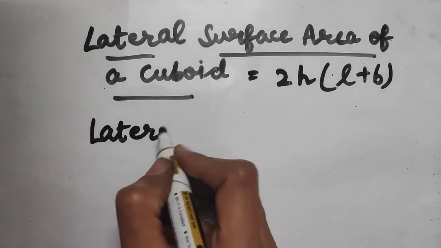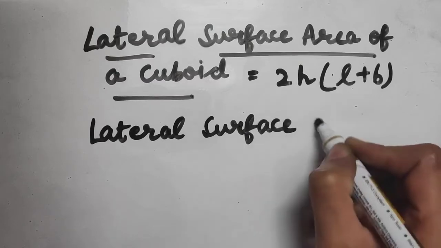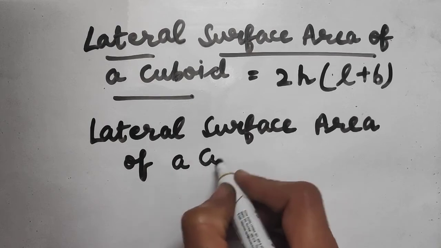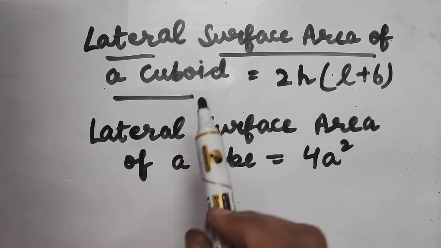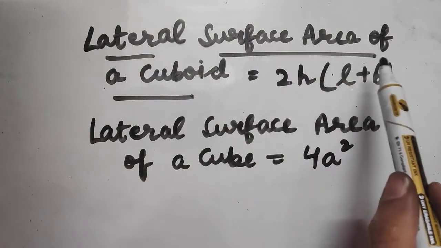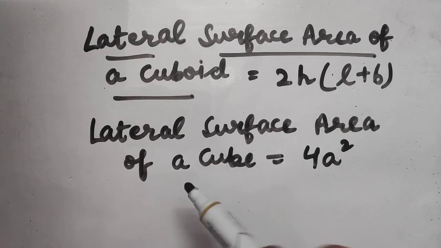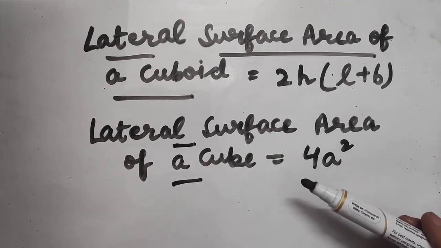Lateral surface area of a cube is given by 4A square. So basically, dear children, while finding lateral surface area of a cuboid or of a cube, we are supposed to exclude the top and bottom faces.